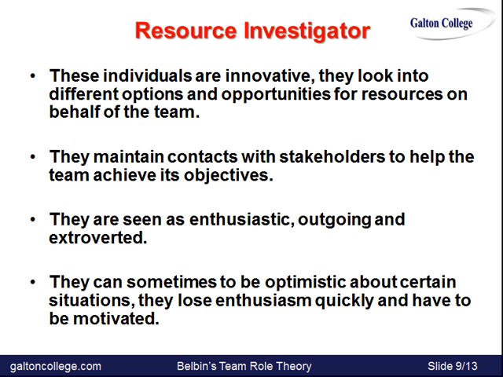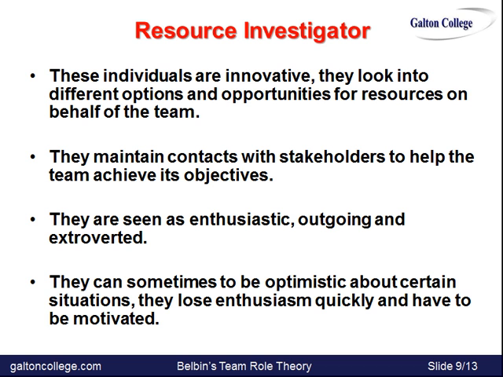They look at the job, they look at the task, and they look at the team and try to innovate. They're enthusiastic, outgoing and extrovert. They're constantly trying to innovate what's been done. They can sometimes be over-optimistic about certain situations and they lose enthusiasm quickly and have to be motivated themselves.